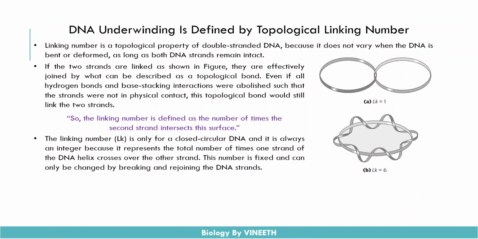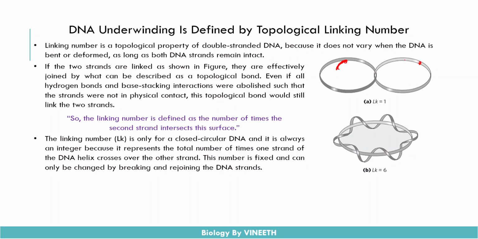Then we have the linking number. The linking number is defined as the number of times a second strand intersects the surface. Consider you have one DNA strand over here, the first DNA strand, and the second DNA strand.